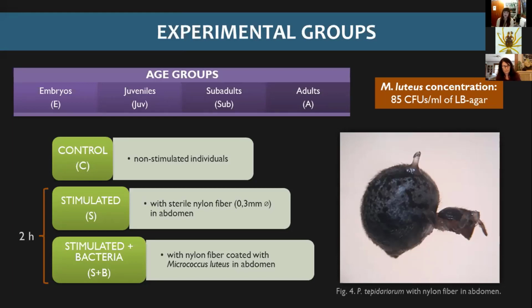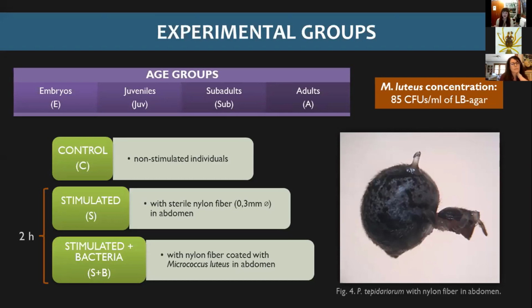The levels of immunostimulation were, of course, control groups, so non-stimulated individuals, and then stimulated groups: spiders with a sterile nylon fiber in their abdomen, and the last one, the stimulated plus bacteria group. So there were spiders with a nylon fiber coated with Micrococcus luteus, again inserted in their abdomen.